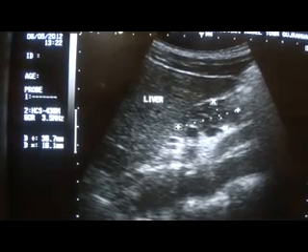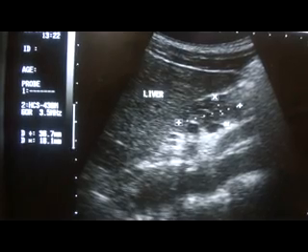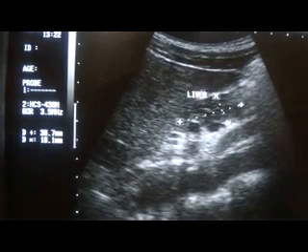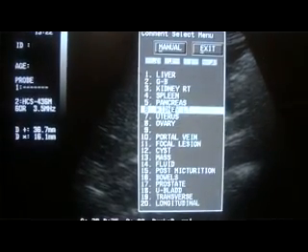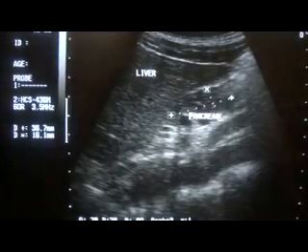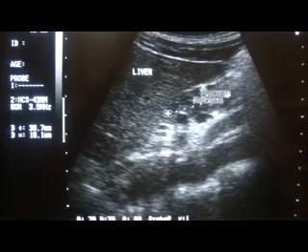It's of importance. So now, what you should be aware of is that this is the splenic vein that you are seeing posterior to the pancreas. This one. This is the splenic vein.